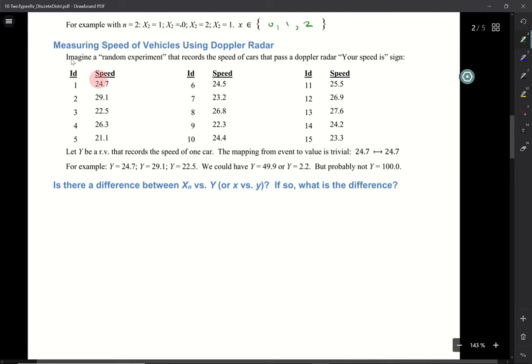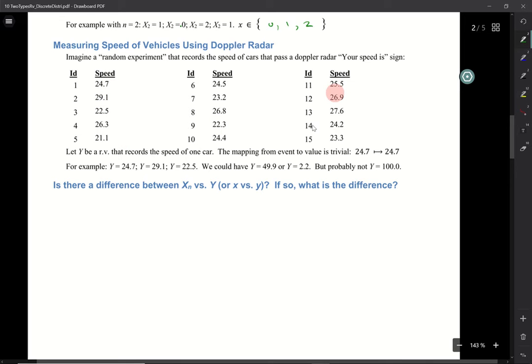at this type. But consider this example where you measure the speed of vehicles using a radar gun, basically Doppler radar. So imagine the experiment that records the speed of cars that pass a Doppler radar. You've seen those signs that the police department puts up on the side of the road, and it shows your speed, right? And so as cars go by, suppose you're in hopefully a 25 zone, you see 29, maybe.